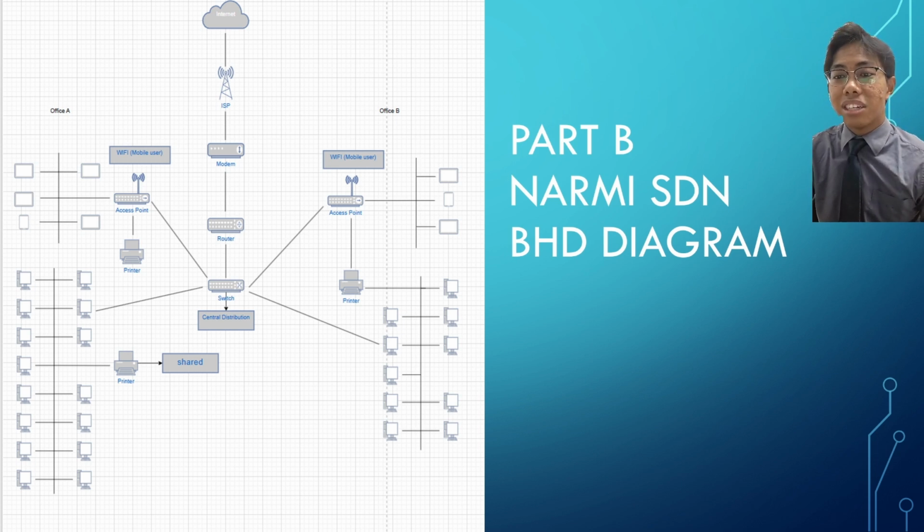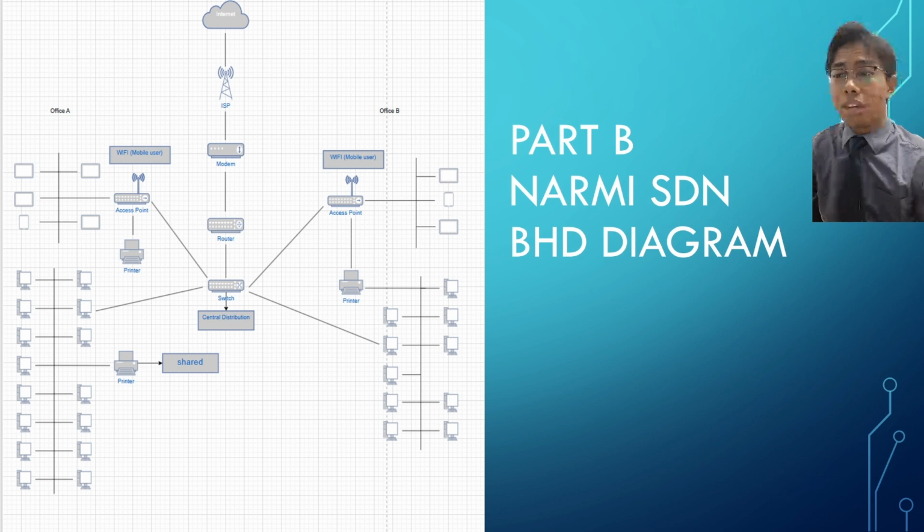The infrastructure begins with the internet connection provided by an internet service provider, which is linked to a modem. From the modem, the connection is passed to a router that handles IP address assignments and manages internet traffic routing. A wireless access point for mobile users, shared printers, and several desktop PCs connected by Ethernet are depicted in the Office A design.